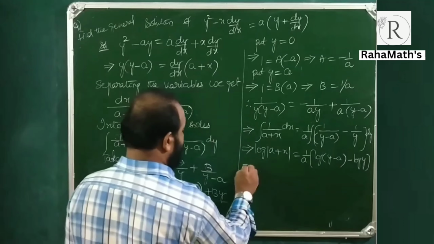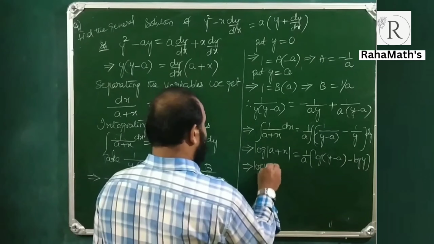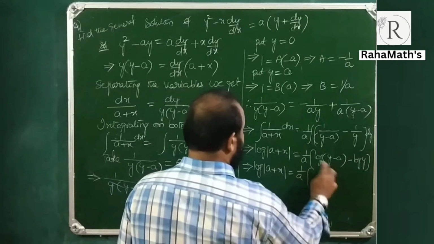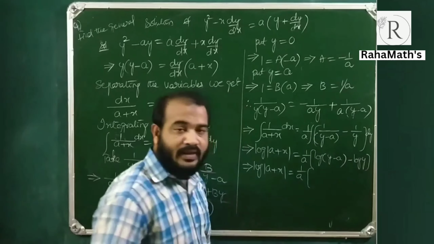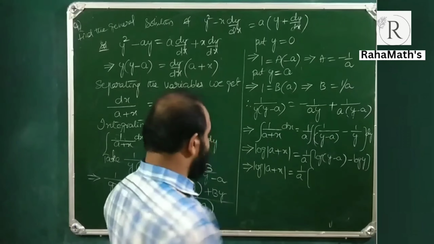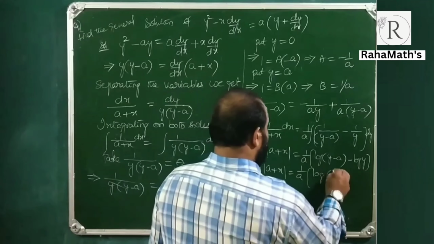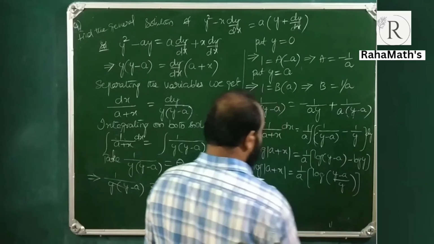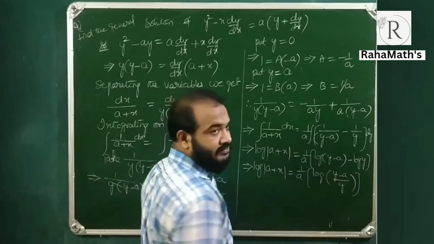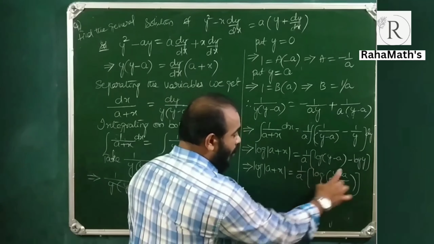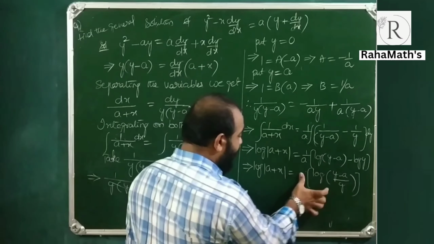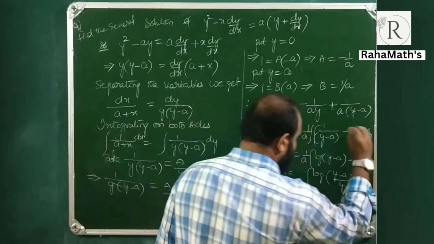So log a plus x is equal to 1 by a, log a minus log b is log a by b, so this is log of y minus a by y. Also m log a is log a to the power of m, so this 1 by a can be written here.